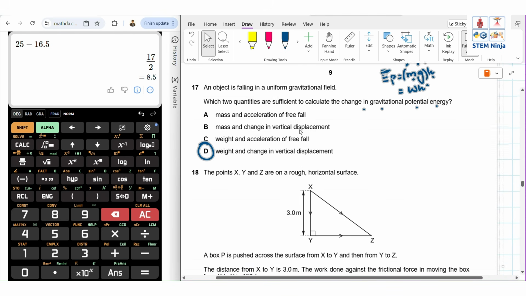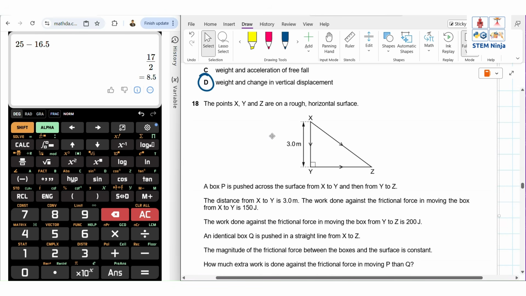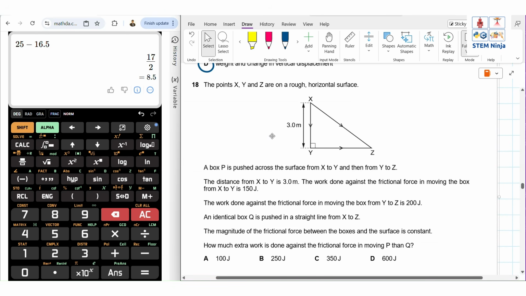Okay. So the points X and Y are on a rough horizontal surface. Box P is pushed across the surface from X to Y and then from Y to Z. The distance from X to Y is 3 meters. Work done against the frictional force in moving the box from X to Y is 150 joules.